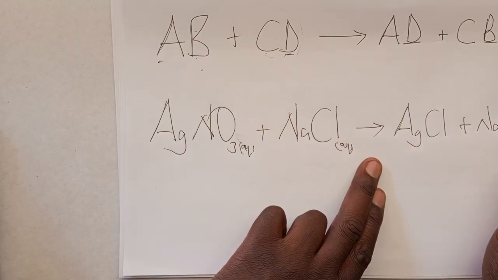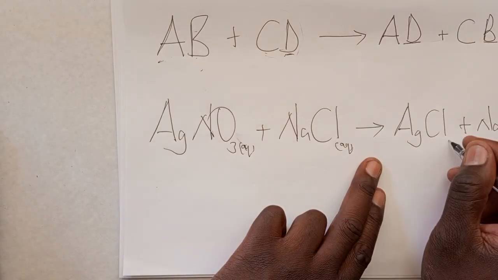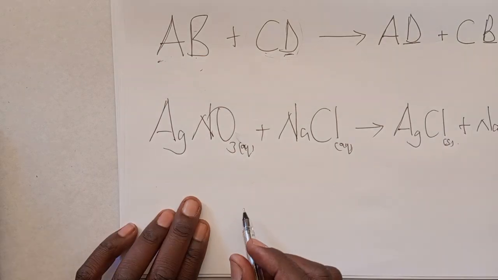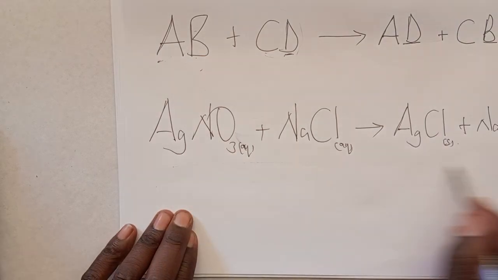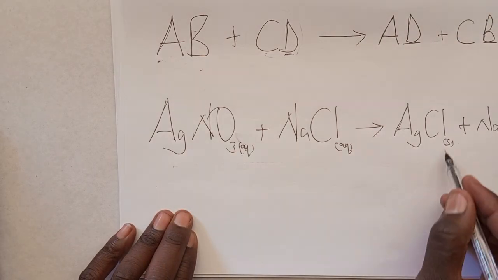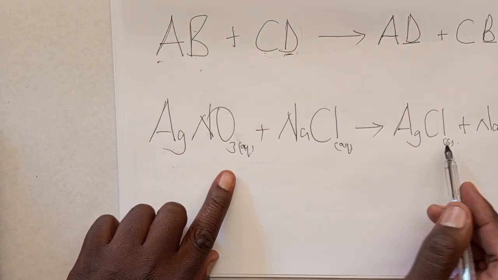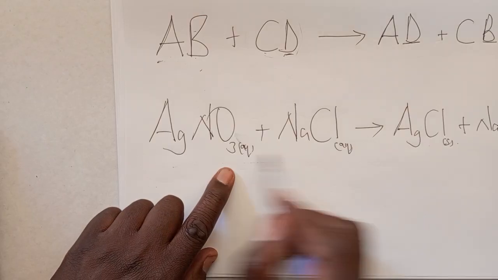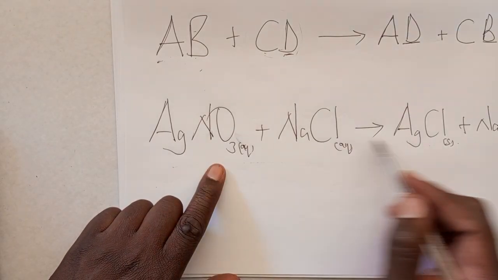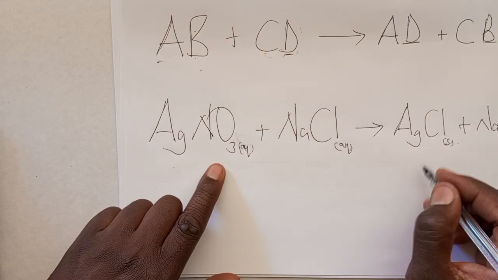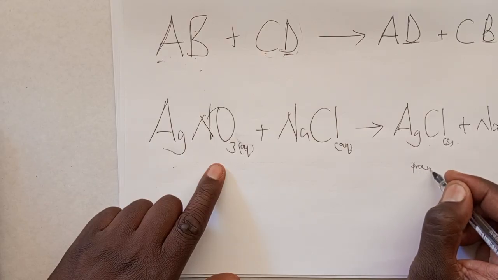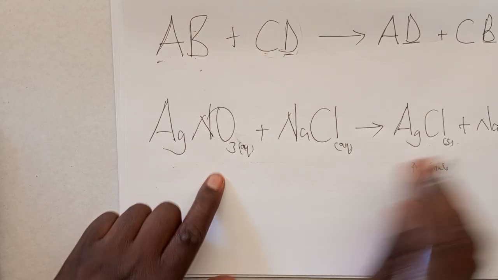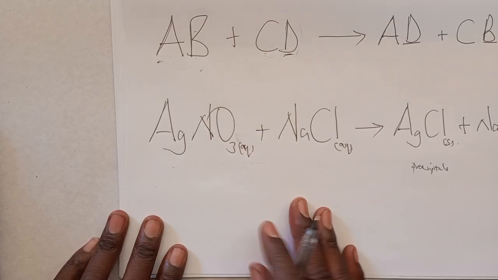There's nothing difficult, ladies and gentlemen. This is something that is simple. This is what we call double decomposition. But we know that the intention was to produce a salt which is a solid, so this reaction is called precipitation. This one is a precipitate. That is what you need to know. So let's now go to the question.